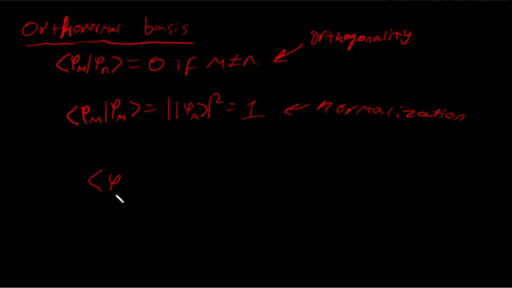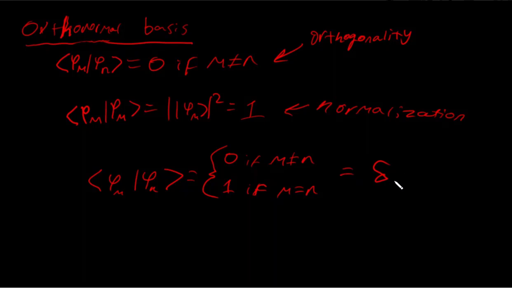So if I have phi m inner product with phi n, this is equal to 0 if m does not equal n, and 1 if m does equal n. And we actually have a mathematical notation for writing it.